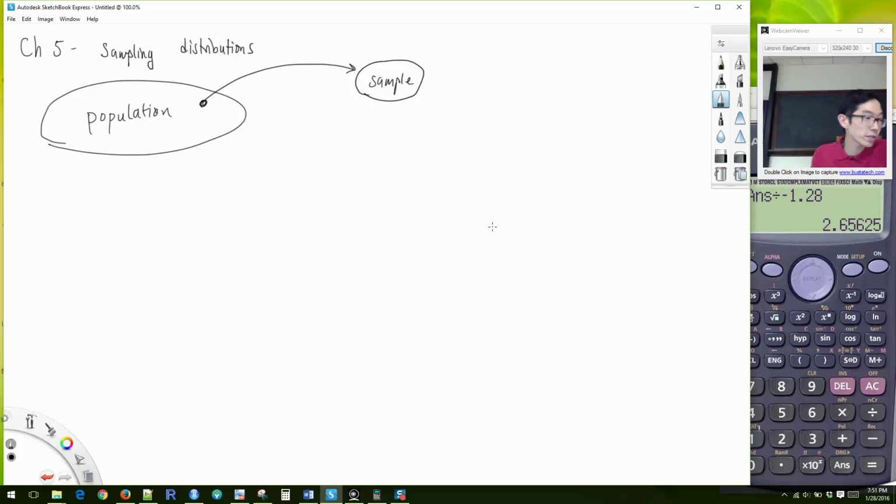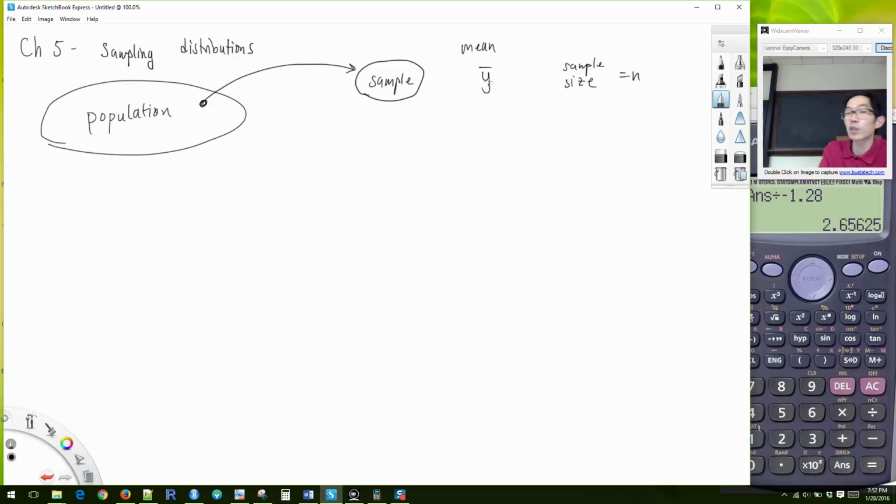And so let's say from this sample we get some value y bar, the mean of our sample. Okay, the mean of our sample is y bar, and we will say our sample is of size n, sample size n. And so we always want to know, how good is our sample mean y bar?